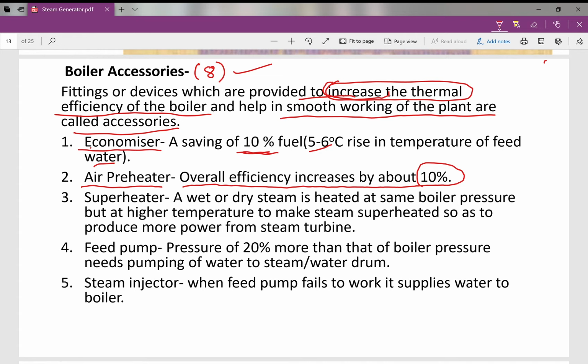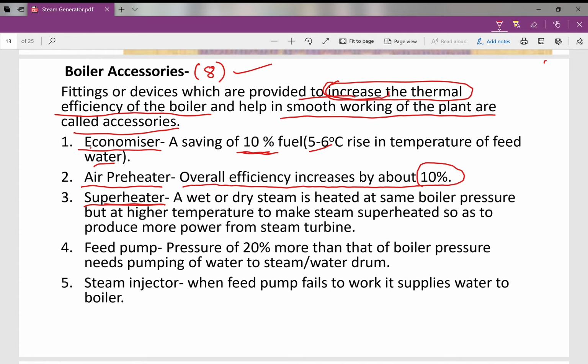Third one is the superheater. Now the question arises, why is a superheater provided? Dear students, the main purpose of a power plant is to produce more and more power with less amount of fuel. It means the enthalpy of steam entering the turbine should have a very high value.